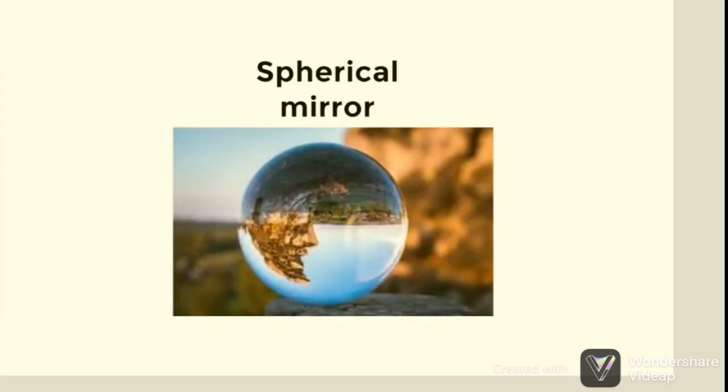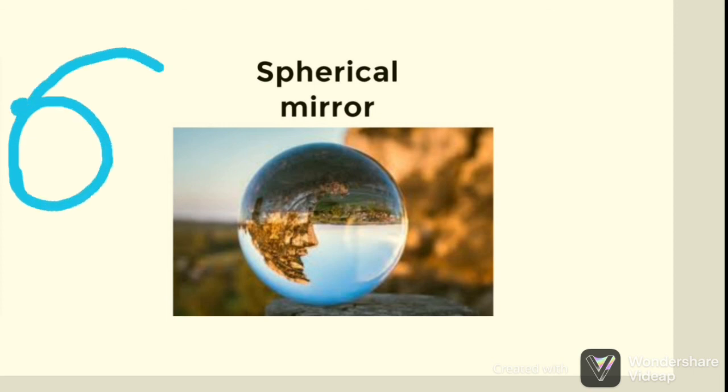Now he takes another ball. Spherical means ball shape. A ball is known as a sphere. So he takes a spherical mirror, and this time he does it in the opposite manner.